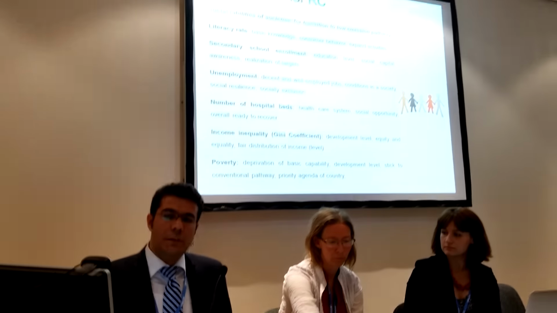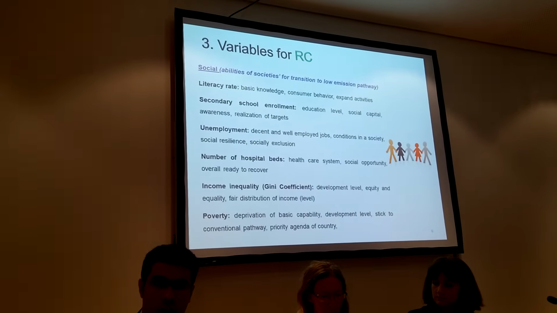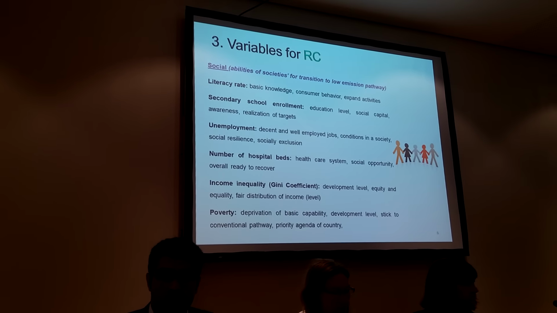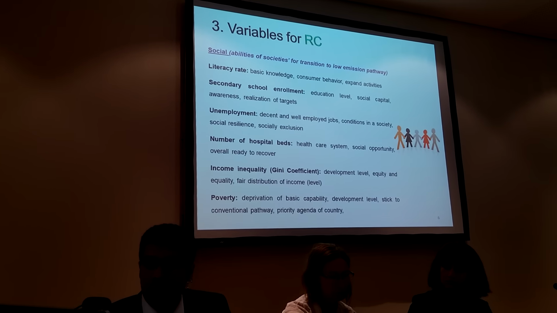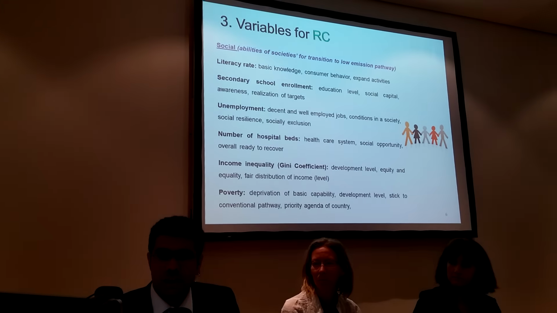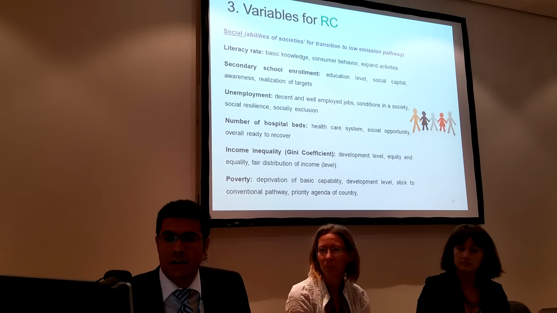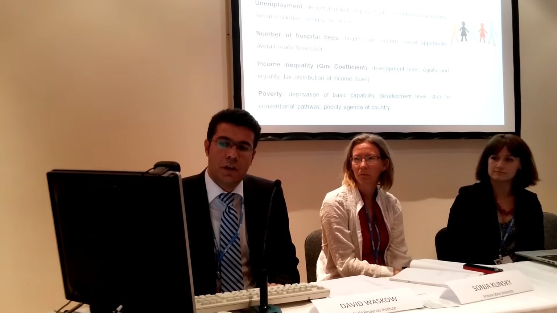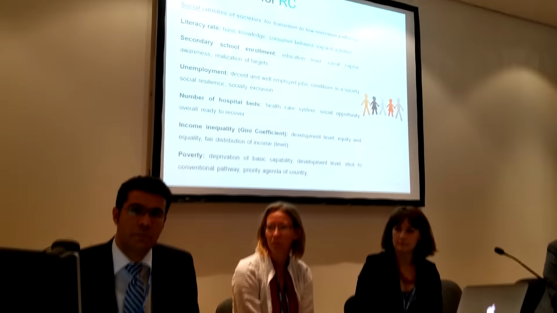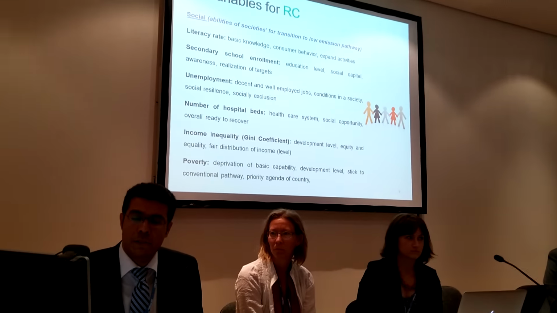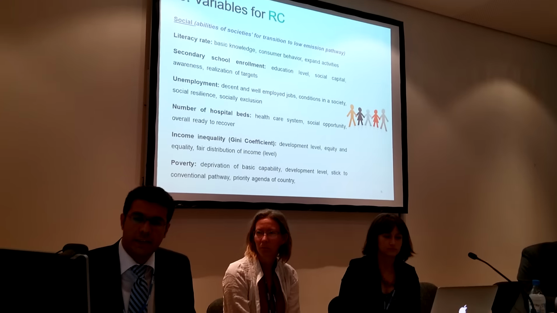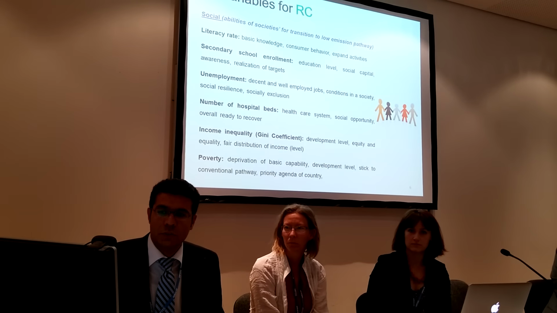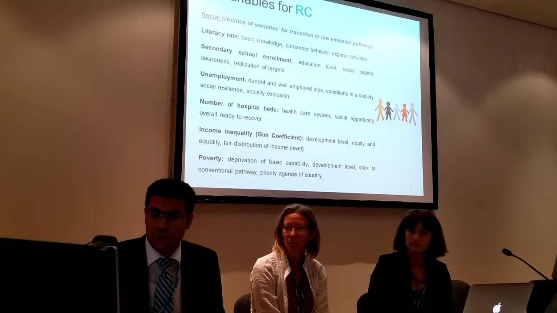When we look at the social dimensions, social issues are very crucial, and nowadays there is a discussion on the post-2015 development agenda, and particularly on the SDGs discussion, and social issues are being mainstreamed in the development agenda. In terms of the indicators, I try to put the literacy rate and secondary school enrollment rate to measure the basic knowledge and education level of the societies.